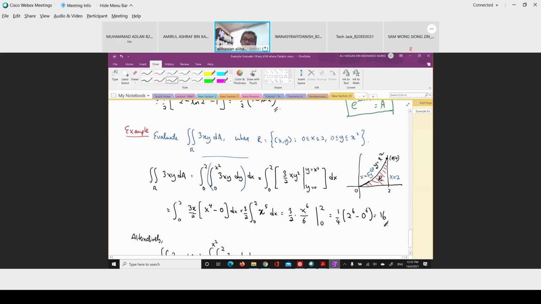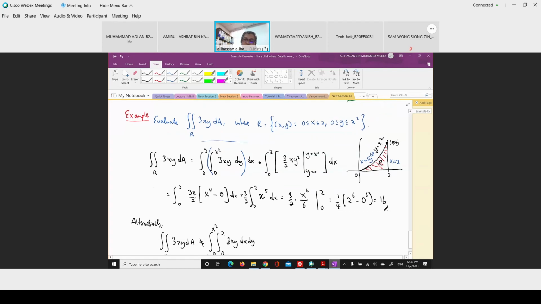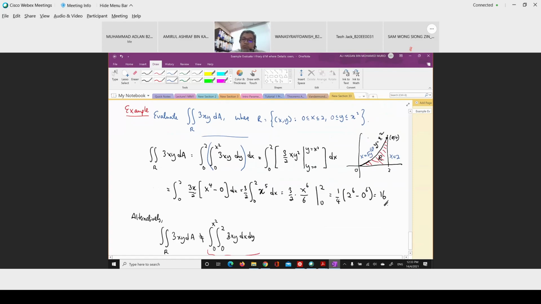If I solve for x, x is square root y. It should be plus or minus square root y, but x equal to minus square root y is on the other side of the y-axis. And y is between 0 up to 4.